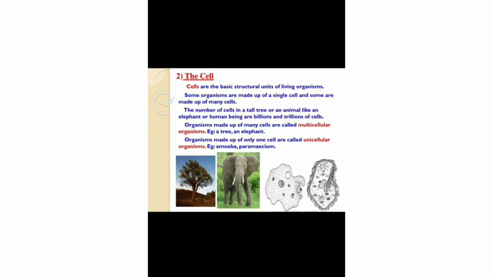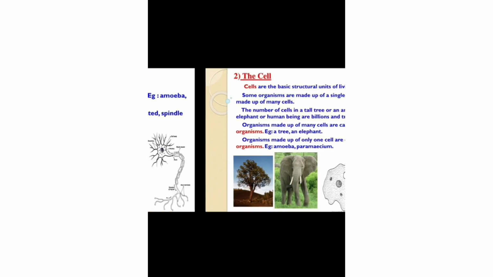Organisms made up of many cells are called multicellular organisms. For example, a tree, an elephant. On the other hand, organisms made up of only one cell are called unicellular organisms. For example, amoeba and paramecium.